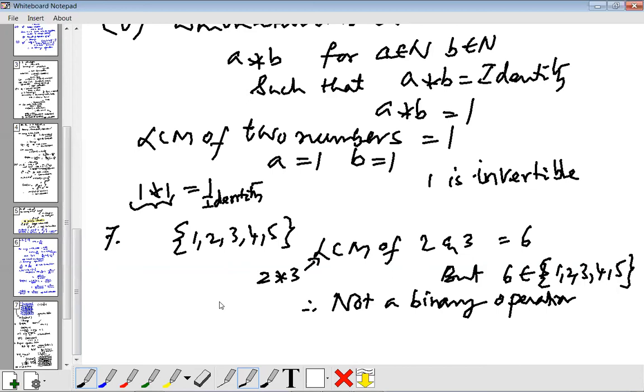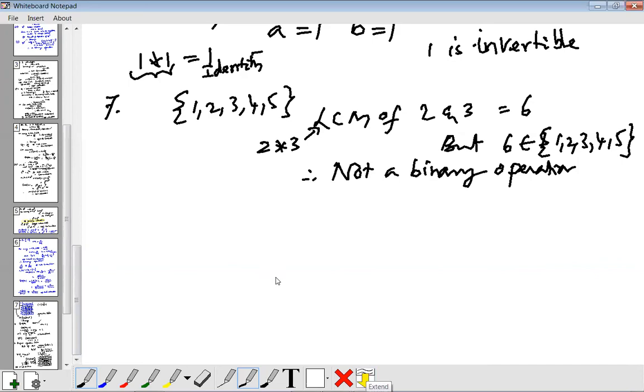That means you take HCF of any two, you should get that one only. Meaning, I'm doing only that part of the question. Okay. Eighth question, is there an identity? So identity is when you take A star B and you will get B. So A is called identity.